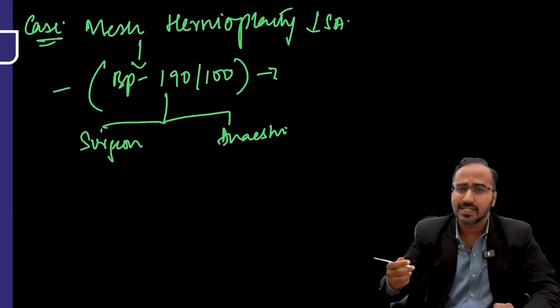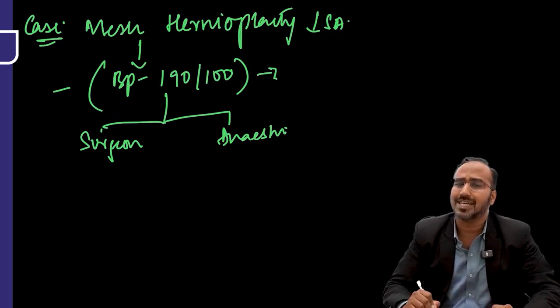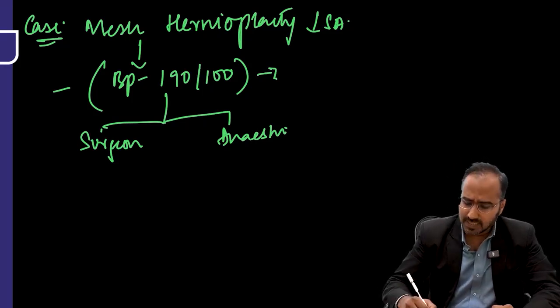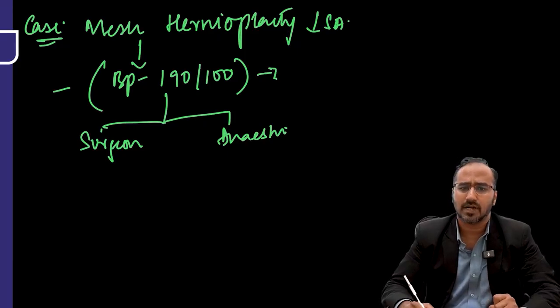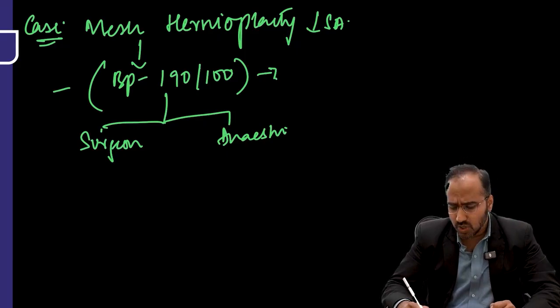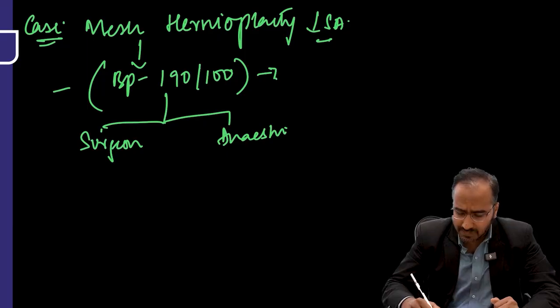So the surgeon was asking the anesthetist that in the PAC, didn't you check the patient was hypertensive? The anesthetist told, yes, I had checked the patient was hypertensive, right? So the surgeon asked him, did you advise the patient to continue anti-hypertensive medications or not? Anesthetist told, yes, he continued, but still the patient's BP was on a higher side.